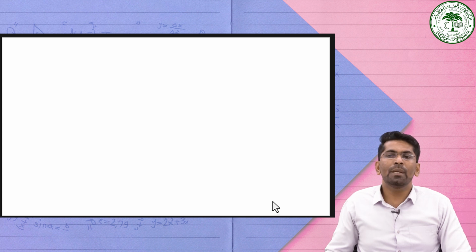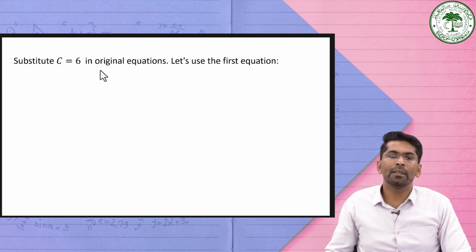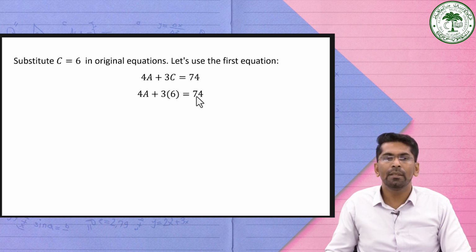Now we substitute C is equal to 6 in the original equation. Let us use the first equation, 4A plus 3C is equal to 74. Substituting C is equal to 6, our equation becomes 4A plus 3 into 6, which is 18, is equal to 74.